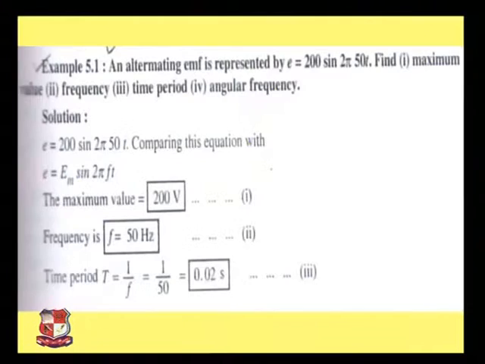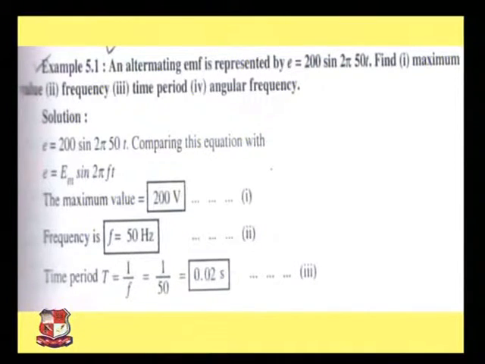Now we start examples. Example number 1. An alternating EMF is represented by small e is equal to 200 sin 2 pi 50 t. Find maximum value, frequency, time period and angular frequency omega. Solution.